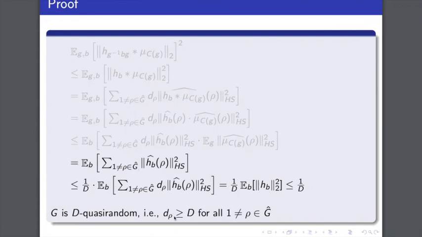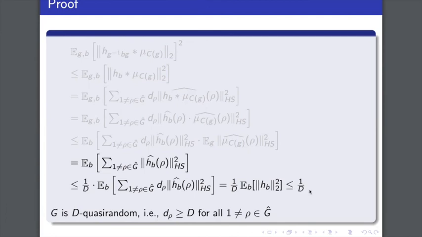Because d rho is at least capital T, we can take 1 by capital T outside, and this expression will be bounded by 1 by capital T times the expectation of the sum of d rho times the Hilbert-Schmidt norm. And this is the L2 norm of the function h p, which is bounded by 1. So this expected value is at most 1. So we are done. This entire expression is bounded by 1 over T.